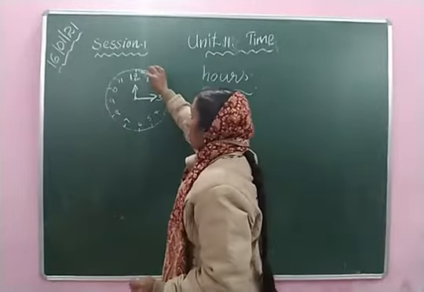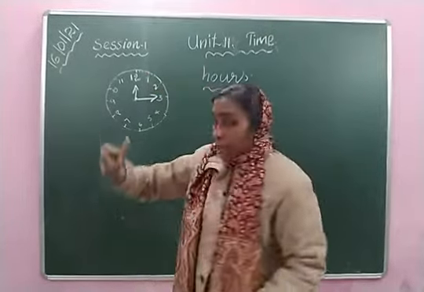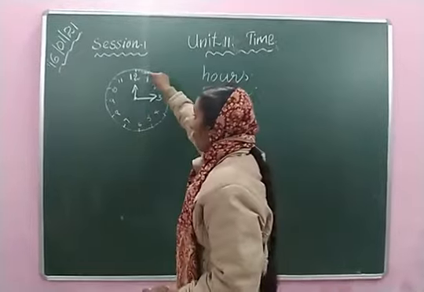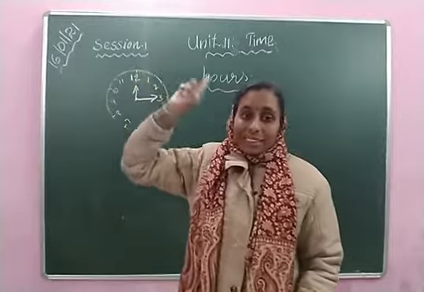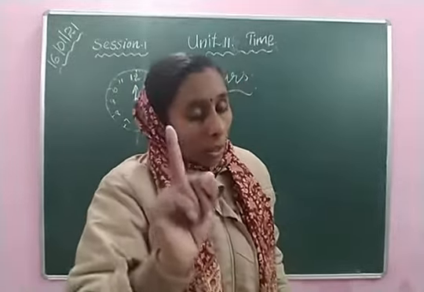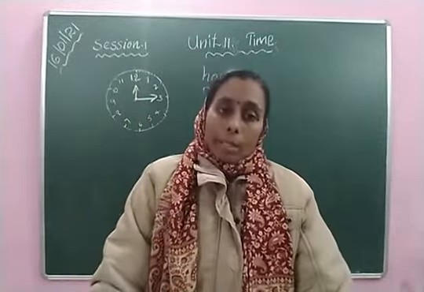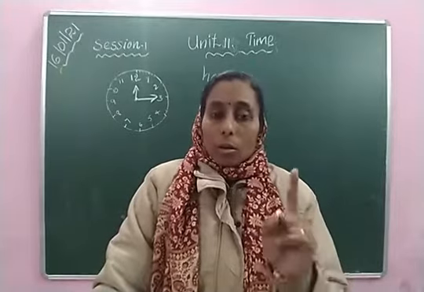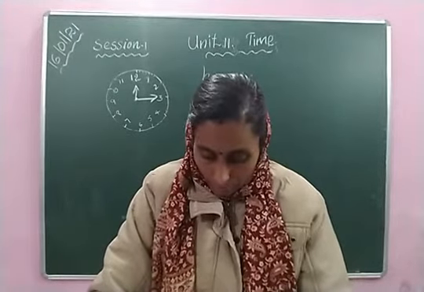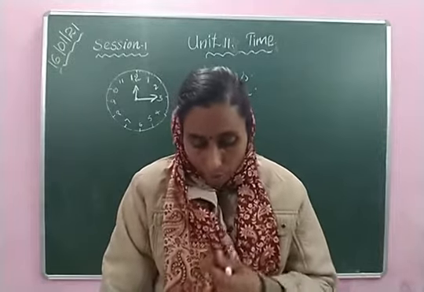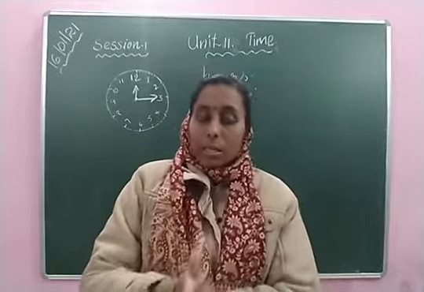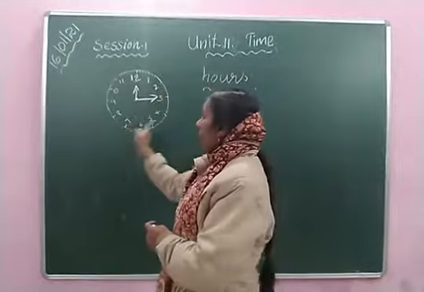So the minute hand takes 60 minutes to complete one rotation of the clock. Thus there are 60 minutes. The minute hand takes 5 minutes to move from one number to the next, and 60 minutes to complete one rotation.